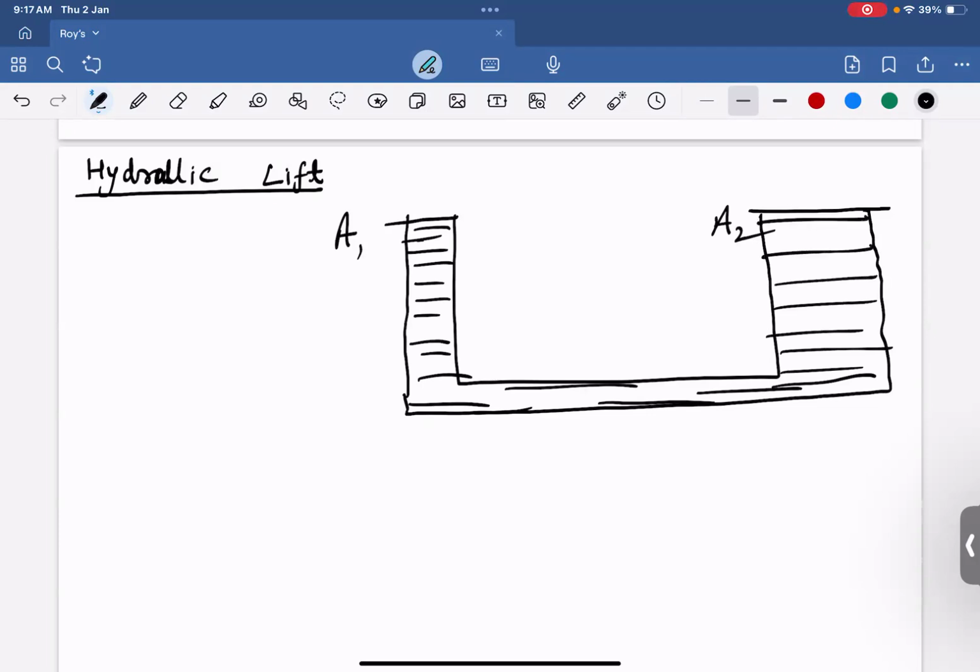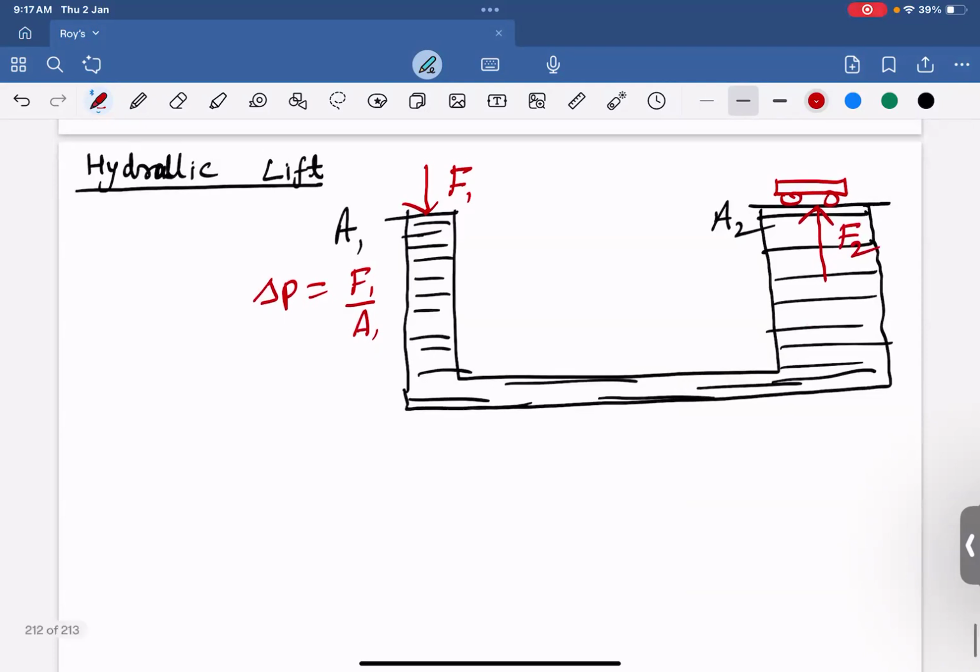So we apply force F1 on the smaller area, and here we keep the car. That means how much pressure are we changing here? We are changing pressure here, F1 by A1. Here the area is different, so here the force will be different. So here the liquid will apply force F2 on the car.